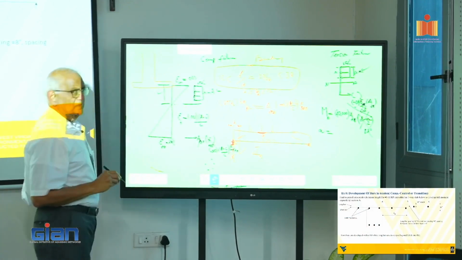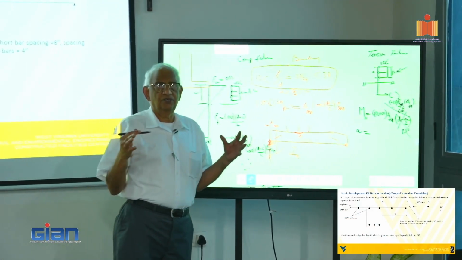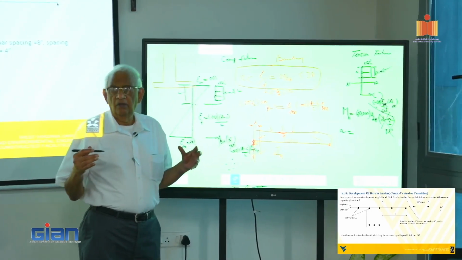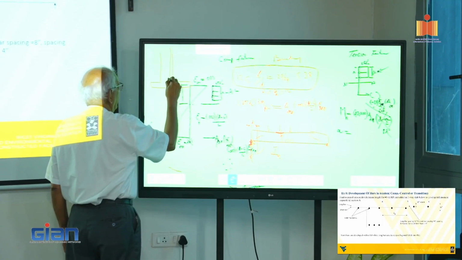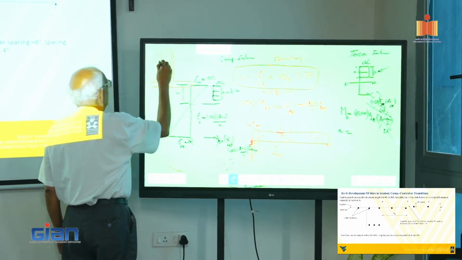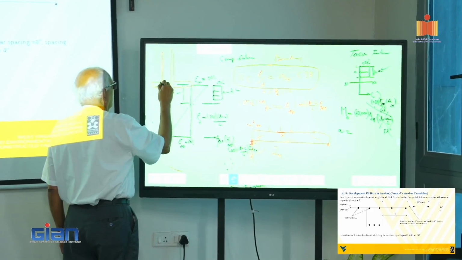a column and a footer, how do you form a hinge? You provide a reinforcement from top down, bring it to the bottom, from right to left, likewise from left to right.